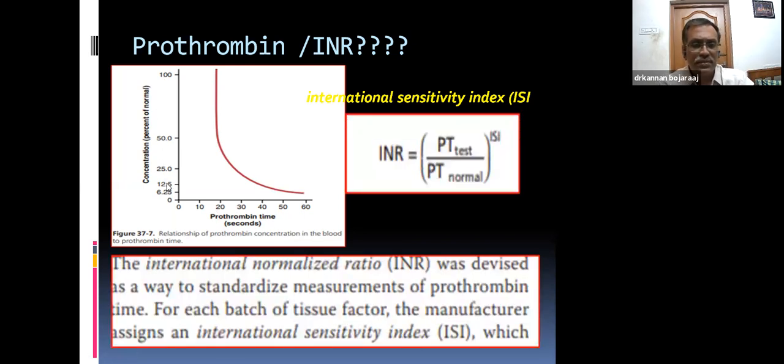Okay. With this, every lab has different values, and we have to standardize this prothrombin time, because the tissue factor they are using for assessing the prothrombin time varies. Usually they are using placenta that has a varying activity, and we cannot use this for all patients, so we have to standardize it.